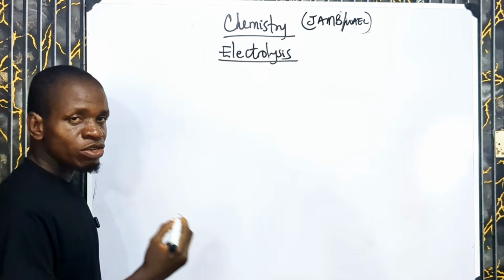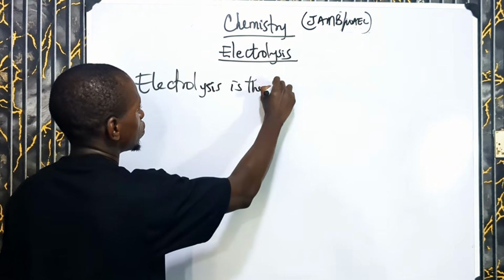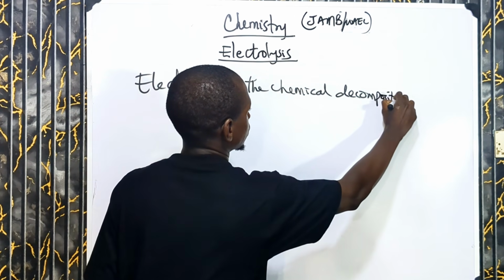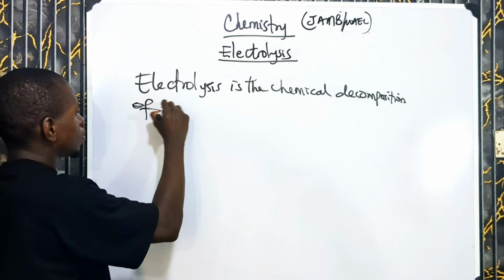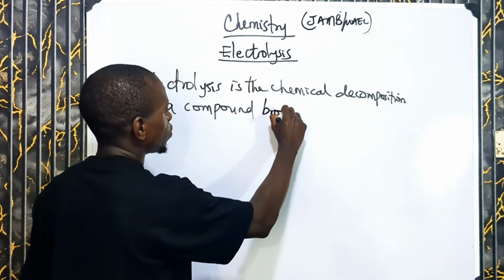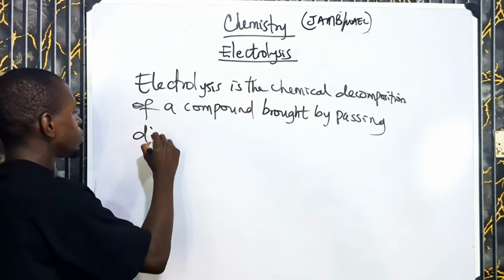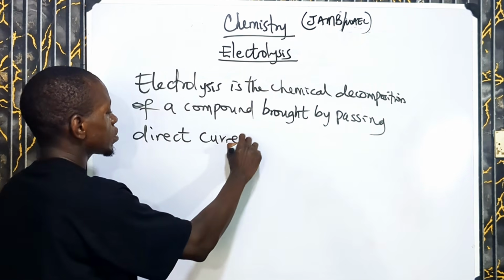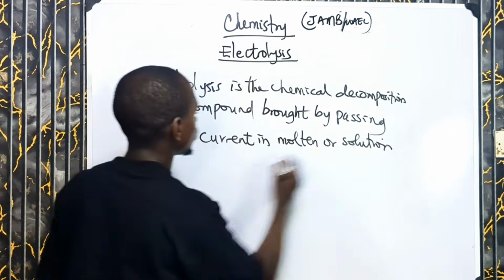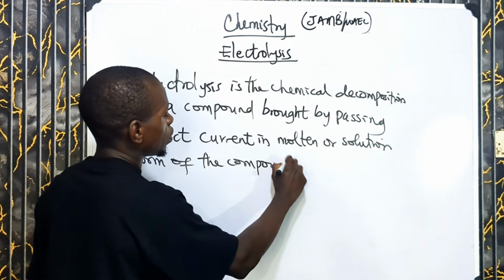Electrolysis is the chemical decomposition of a compound, brought about by passing direct current in molten or solution form of the compound. That is what we call electrolysis.